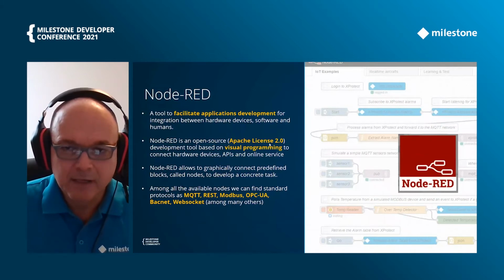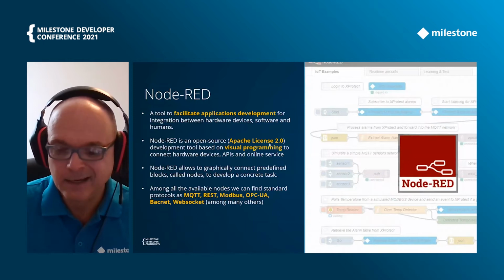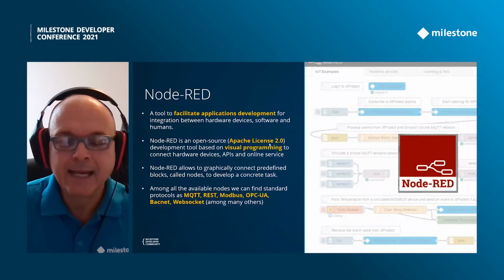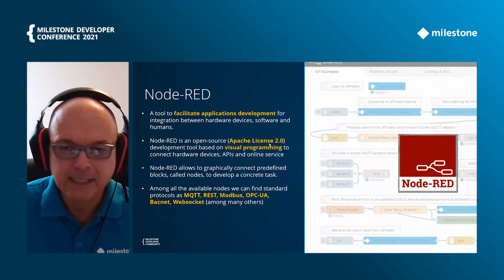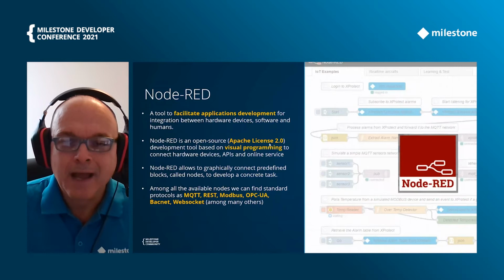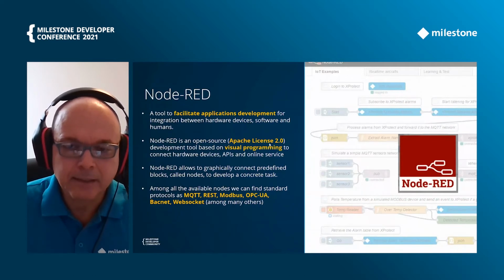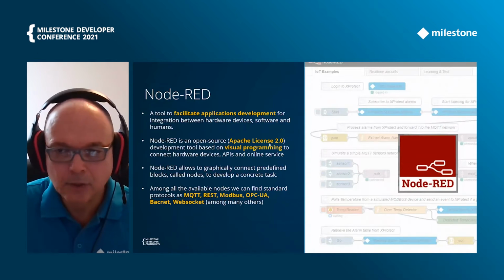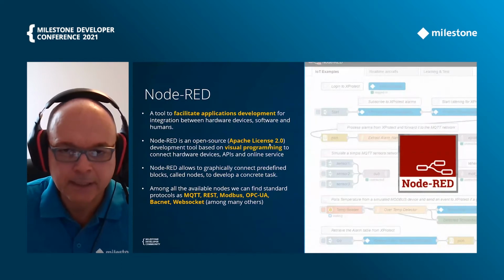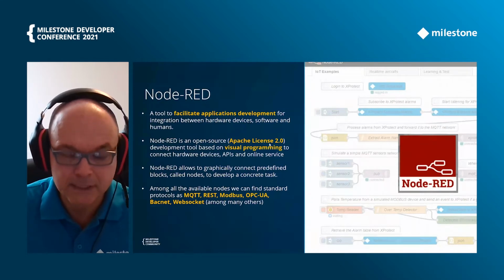When I say node, think of Lego bricks, bricks that can be bound together by wires, which allows the user to easily deploy a program. Among the things that these nodes implement are some of the protocols at the basis of IoT, like for instance MQTT, REST, Modbus, OPC UA, BACnet, WebSocket, and these are perhaps just the most famous, but surely not the only ones.